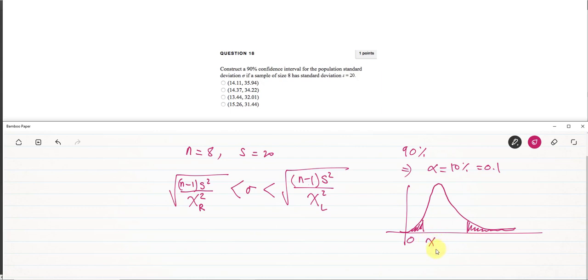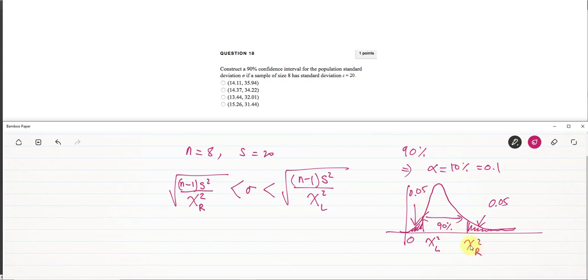So this is chi-square of the left and this is chi-square of the right, and this 0.1 is for alpha, so we take alpha half here and alpha half here, right? Because we know that this region is the 90% confidence level, and the other two are 10%. So each will have 0.05, right? 5% each. So this one here is 0.05, and this one here also has an area of 0.05.